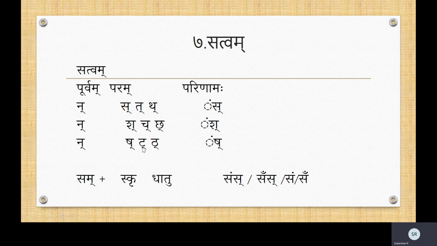And then the na again when it is followed by ta or tha. What is the closest family? The closest relative is sha. So na changes to sha, and also it gets a nasalized anusvara.